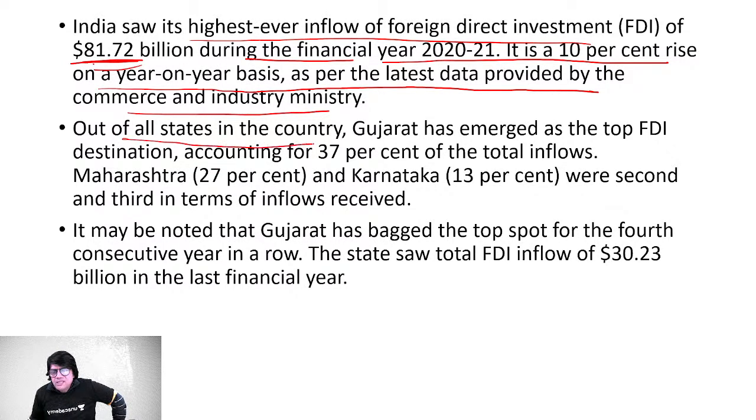And out of all states in the country, Gujarat has emerged as the top FDI destination, accounting for 37% of the total inflows. Maharashtra 27%, Karnataka 13% were the second and the third.